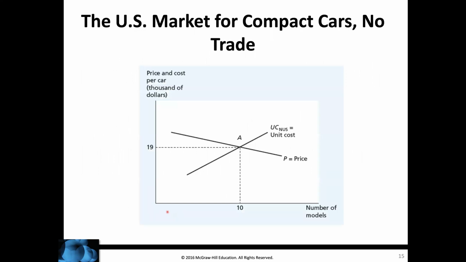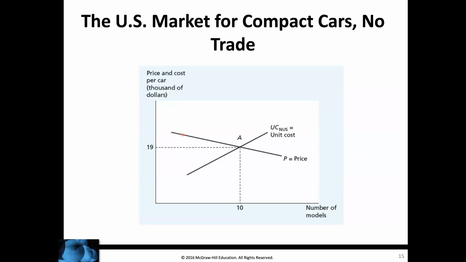Okay, so here is the US market for compact cars with no trade. You can see our y-axis is price and cost per car, and our x-axis is the number of models available. We're assuming here that there are 10 different compact car models available, and we've got the price.